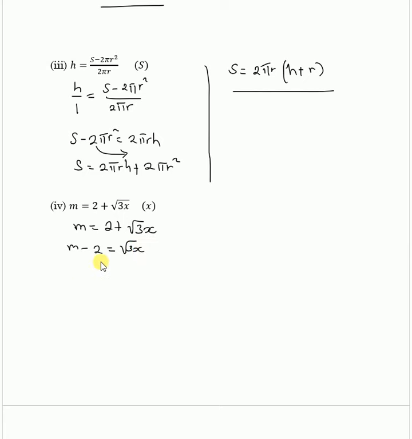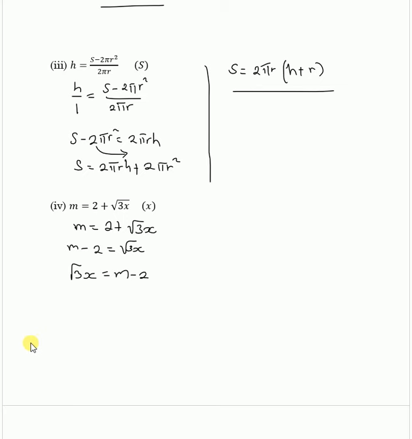That one shall take the 2 from that side. We are tending towards getting x alone on that side. So first of all, we have got the 2. Because it is being added to the root of 3x, we are going to subtract it on both sides, and we have it to the other side. Then after that, we are going to square both sides. But before that, let me first turn the equation around, and I have root of 3x equal to m minus 2.